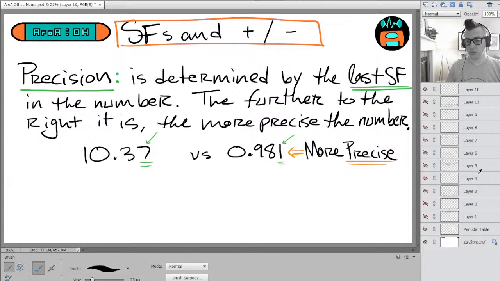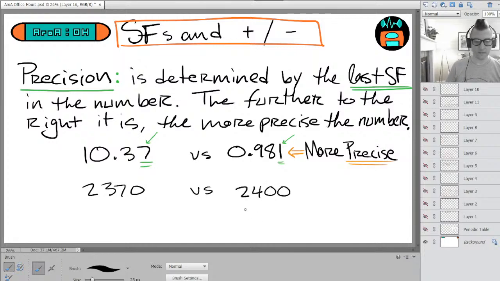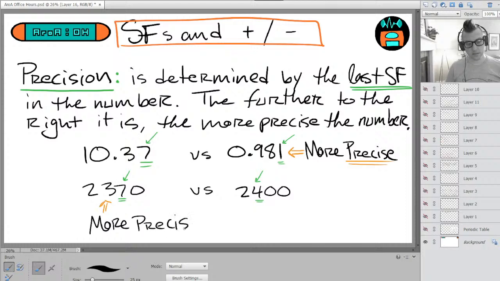All right, because its last significant digit is further to the right than 10.37. Let's do another example. Let's compare 2,370 to 2,400. All right, you'll notice that 2,370 has its last significant digit in the tens place. 2,400 has its last significant digit in the hundreds place, which makes 2,370 more precise because its last significant digit is further to the right.